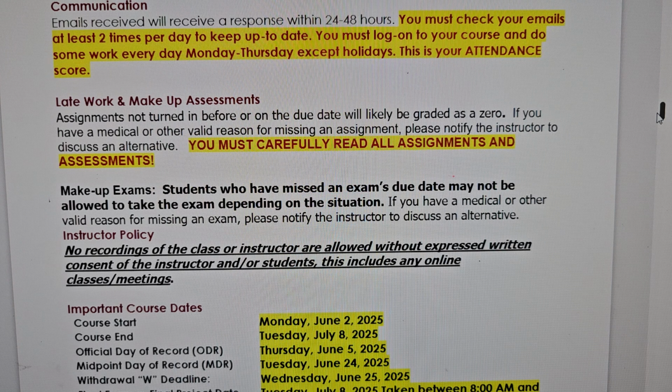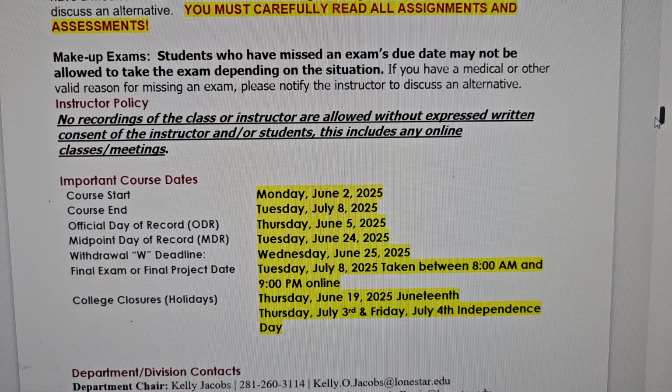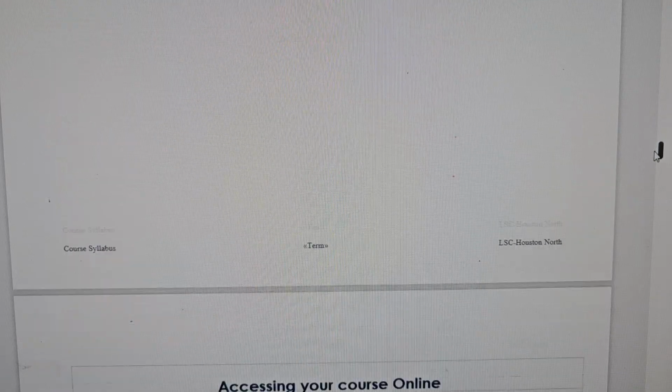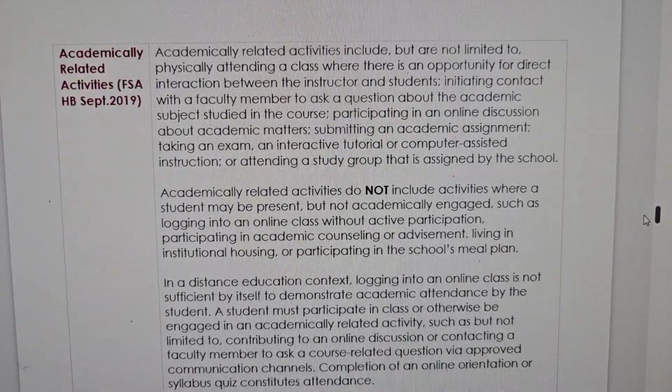These are the important dates. July 3rd and 4th are official school holidays, but since I don't require you to work on Friday anyway, it's a holiday for you, provided you are up to date in your coursework.